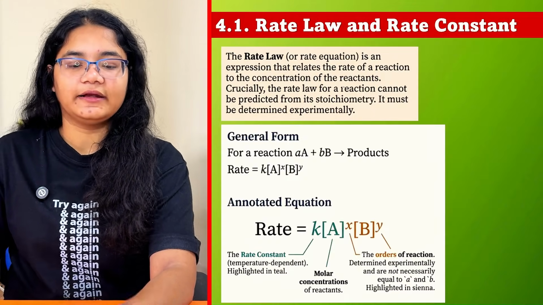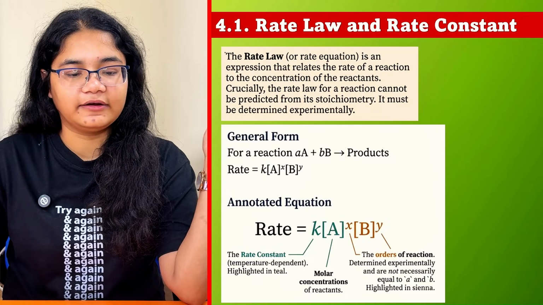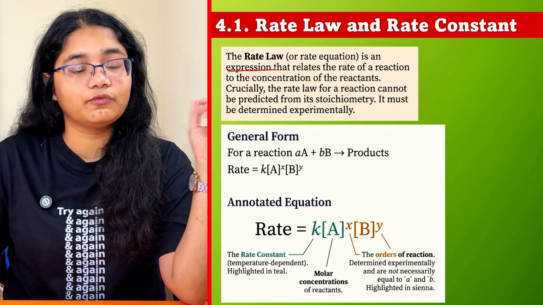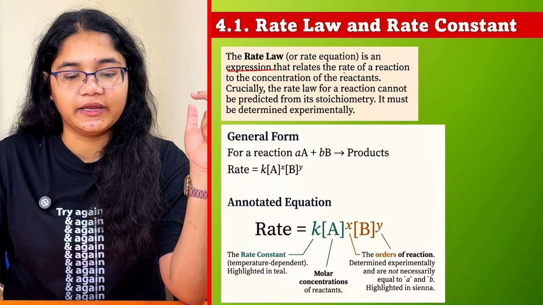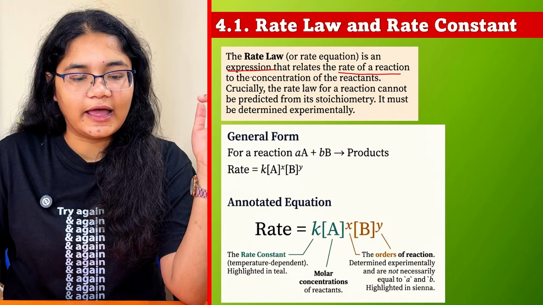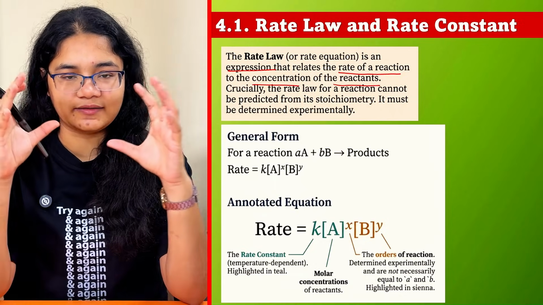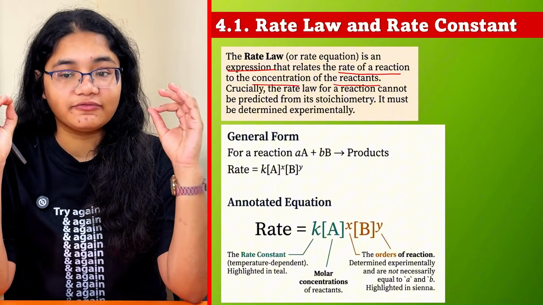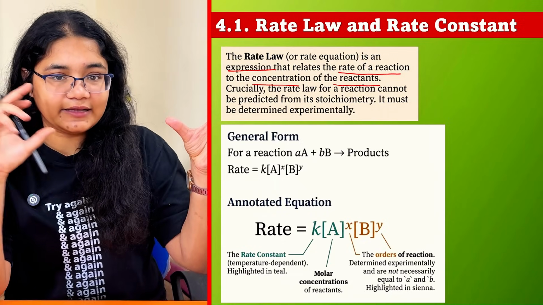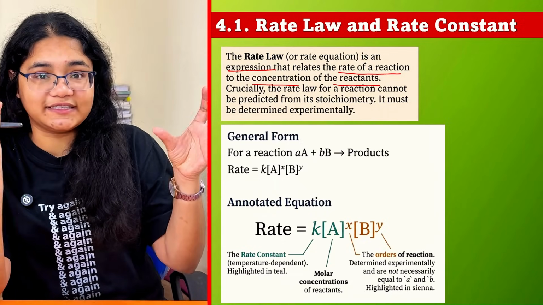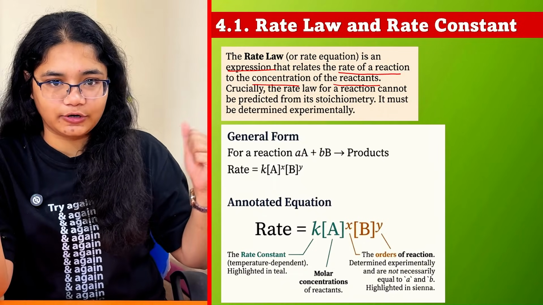So see, how will you understand what is rate law? It is a very simple thing. Rate law is an expression. First of all, what is it? It is an expression which gives you the relation between the rate of the reaction and the concentration of the reactant. We understood that a major factor which affects the rate of the reaction is the concentration. So how the rate is dependent on concentration, that relation is given by this rate law.